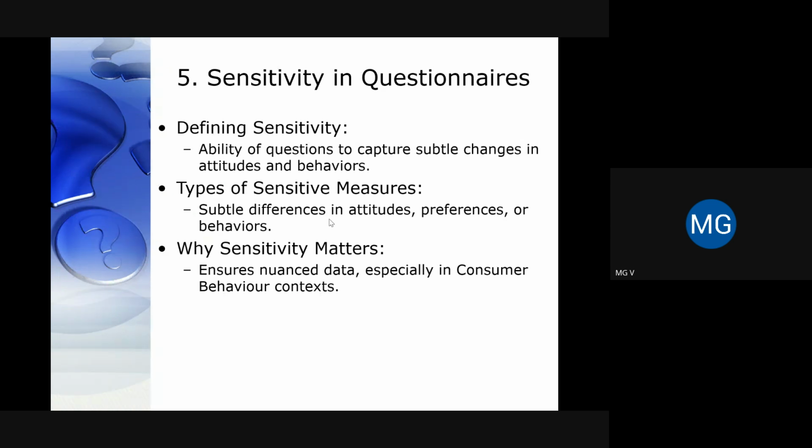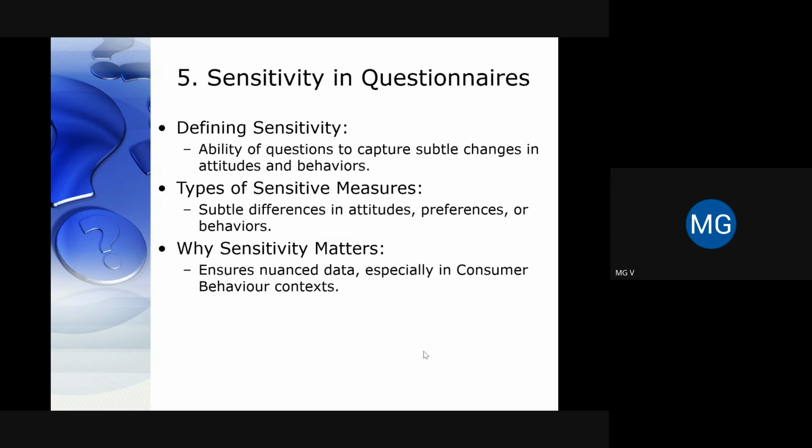This concept is critical in consumer behavior studies, where attitudes may shift subtly due to changes in product perception or brand trust. Sensitive questions allow researchers to gauge these minor differences without influencing responses unduly.